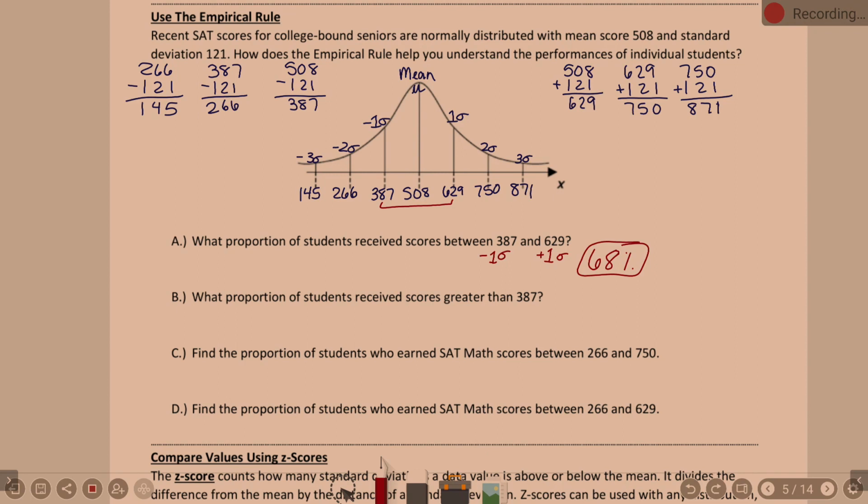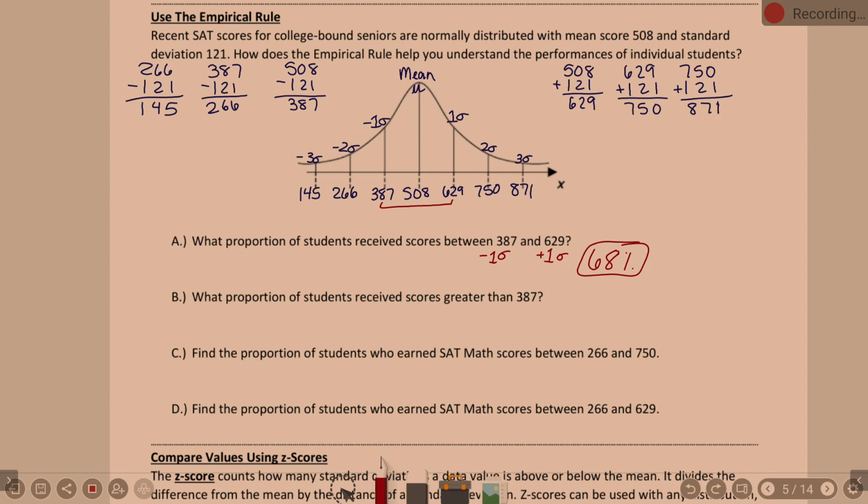You just take the percentage 68, divide by 2, and divide by 2 again, and just add that to 68.